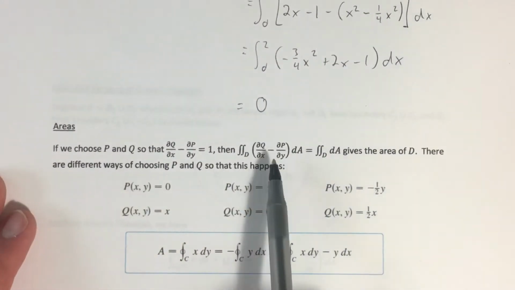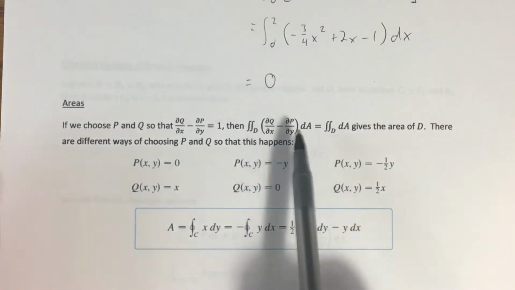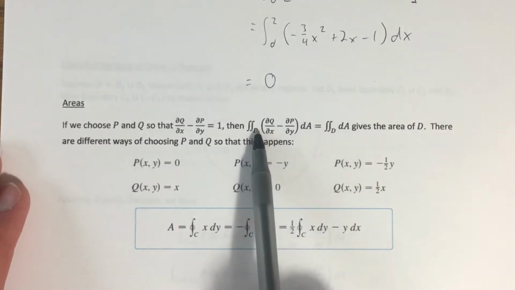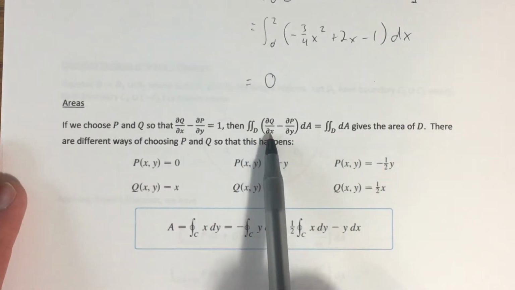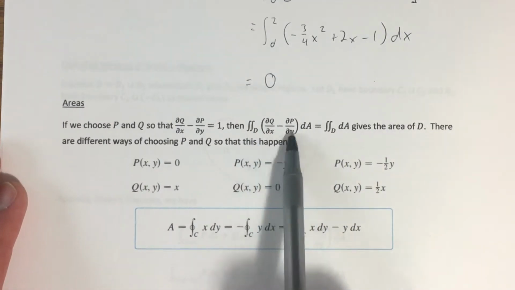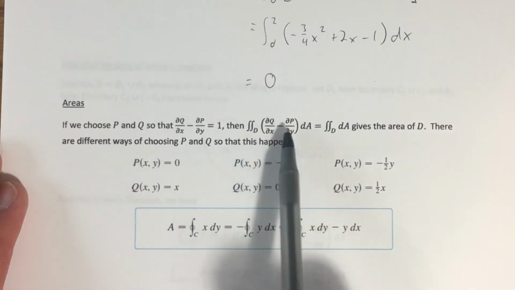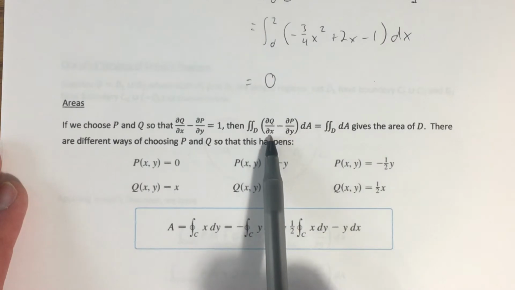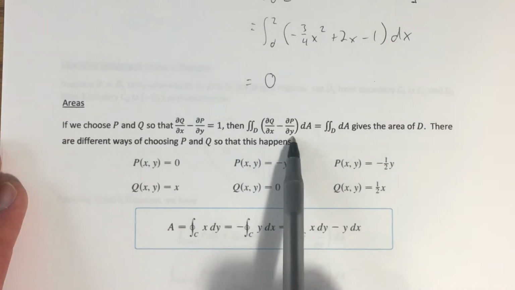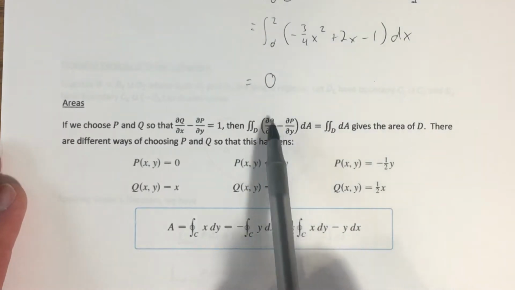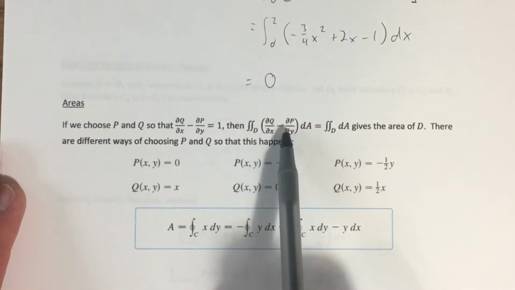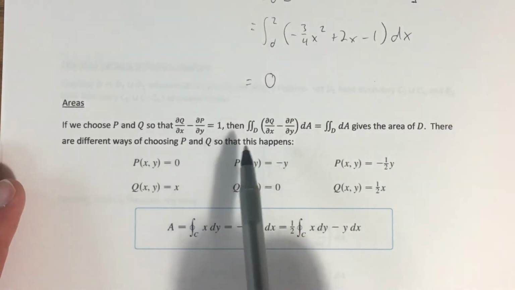So if I want to apply Green's theorem here, what I need, if I'm using a double integral, is one of the form that looks like this. The double integral over the region D of the partial of q with respect to x minus the partial of p with respect to y, where p and q are the two variable functions that will appear in a line integral.